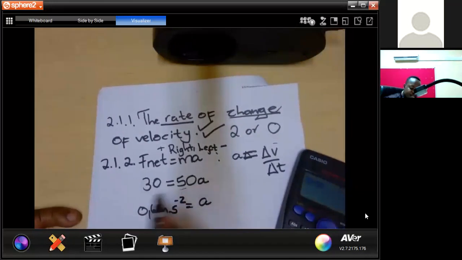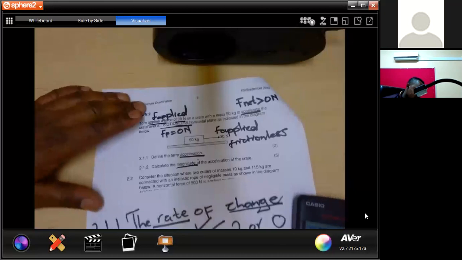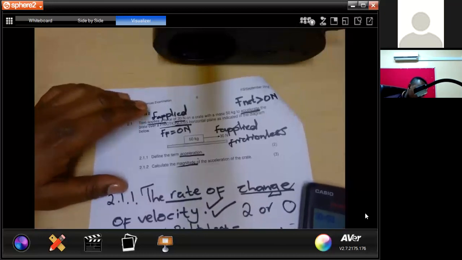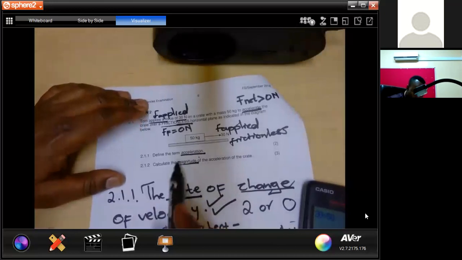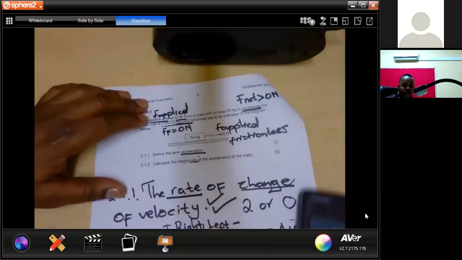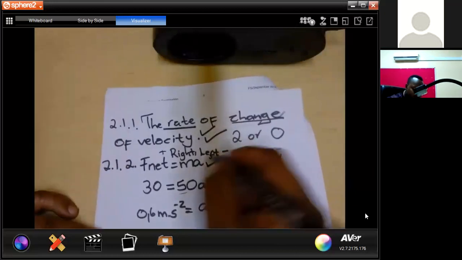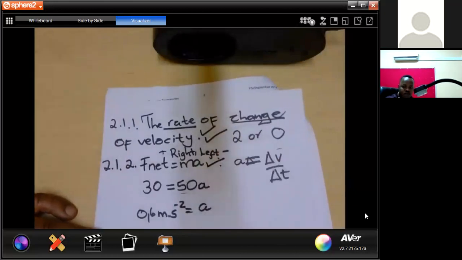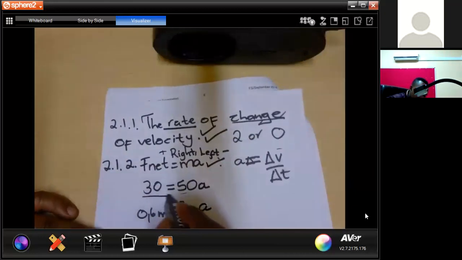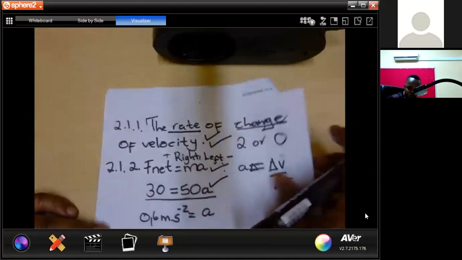And remember here, our question said it only wanted the magnitude, so we don't have to give the direction. It only wanted the magnitude. So how will we mark this one? The first mark is for the correct formula that you get from your formula sheet. The next mark is for the entire substitution.